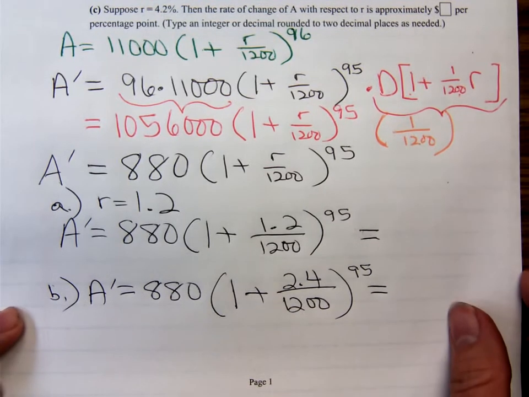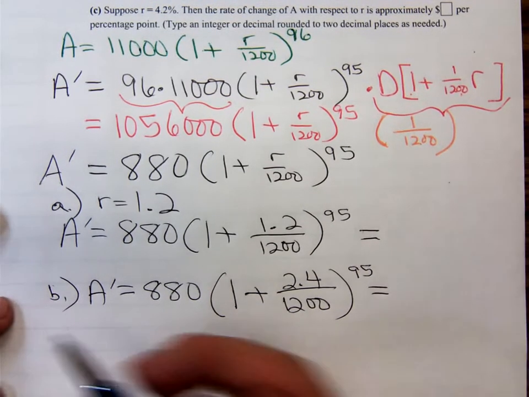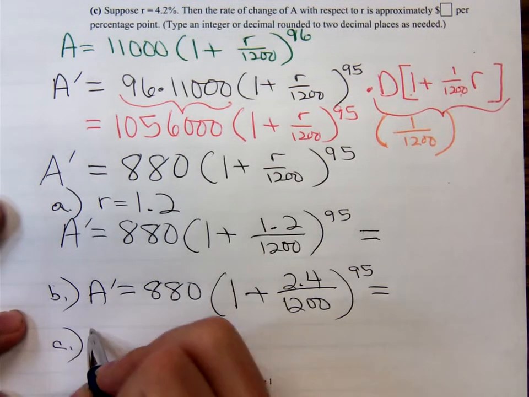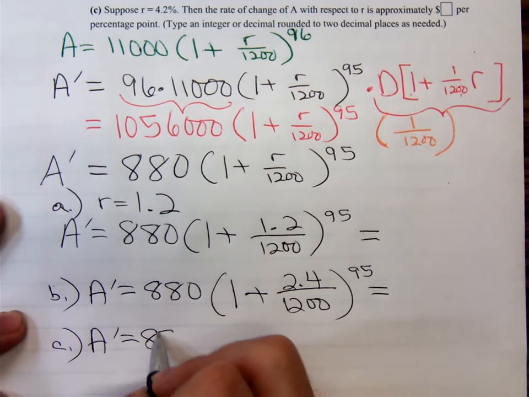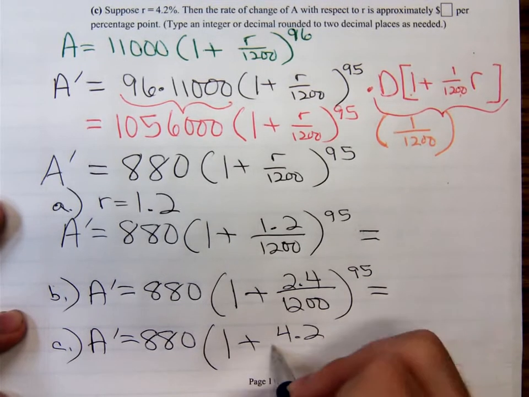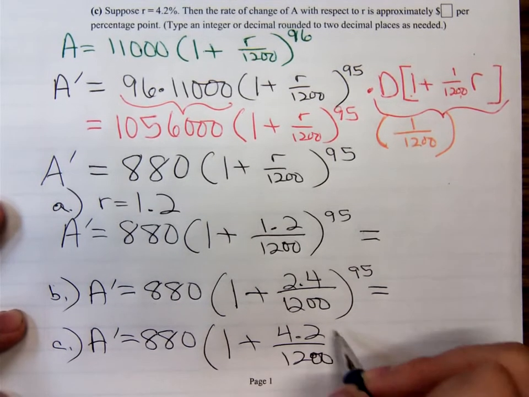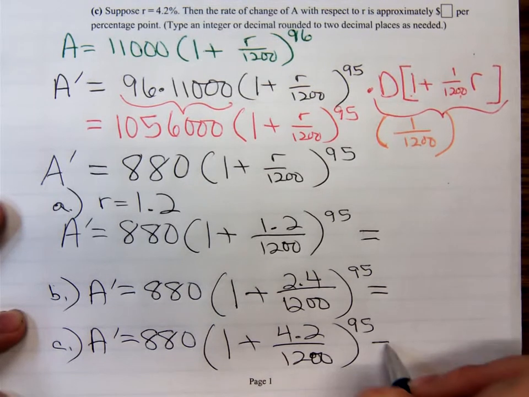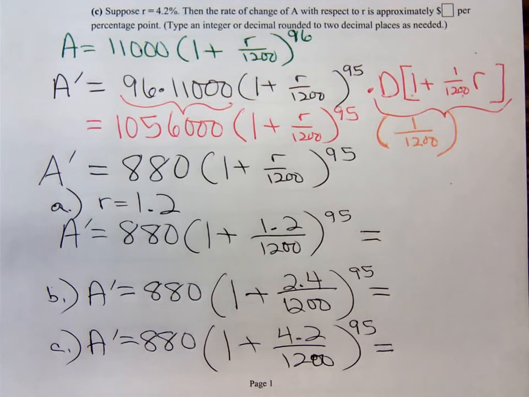So A, B, one more, C. 4.2 over 1200 to the 95th power. And I'm going to let y'all punch that in your calculator yourself, okay?